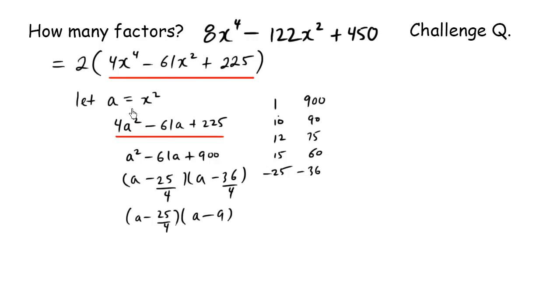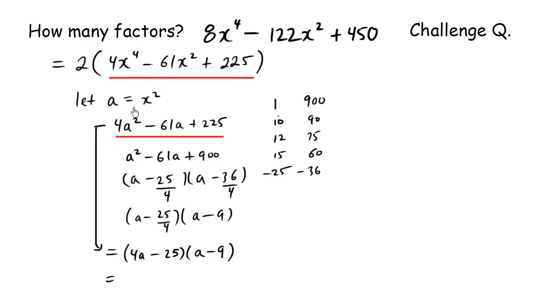Now recall that a equals x squared. Let me just clean this up first. We're going to promote the 4 here. So this becomes equal to, we can finally write the equal sign, 4a minus 25, and we have a minus 9.